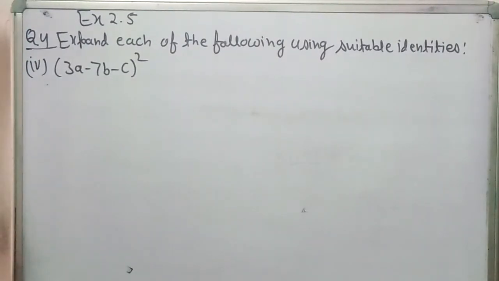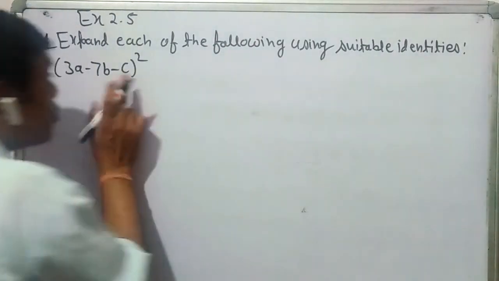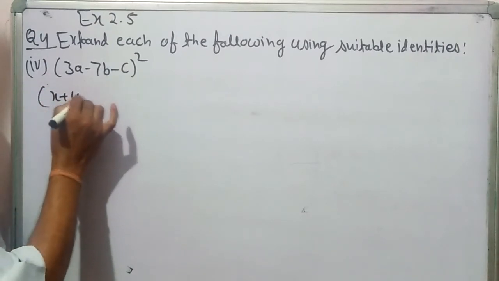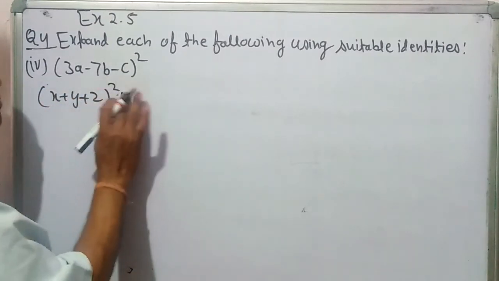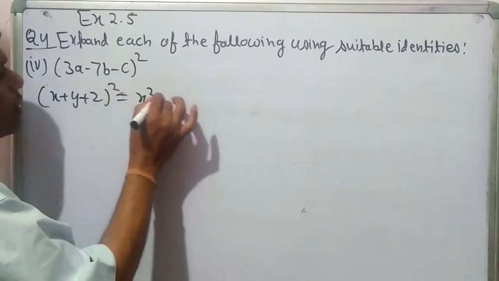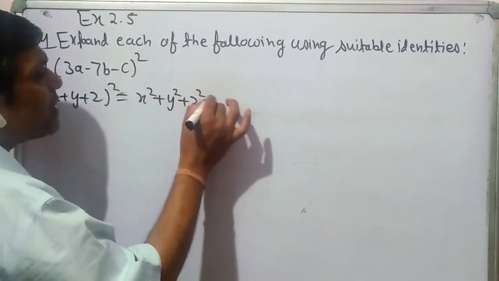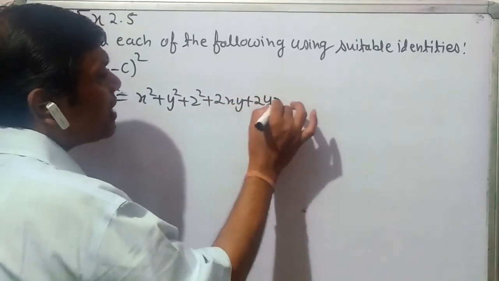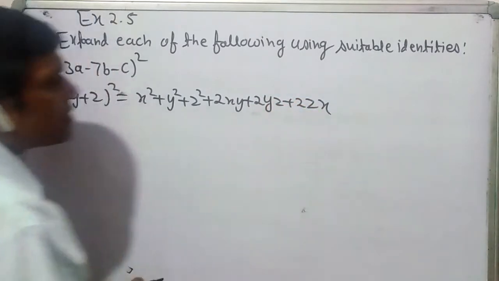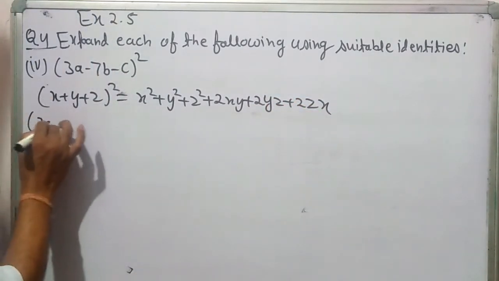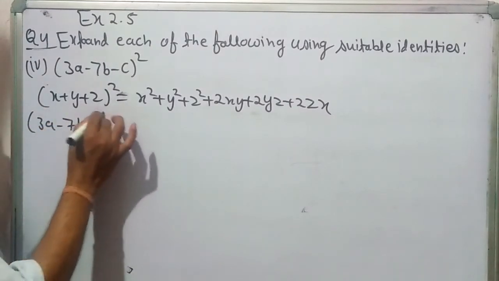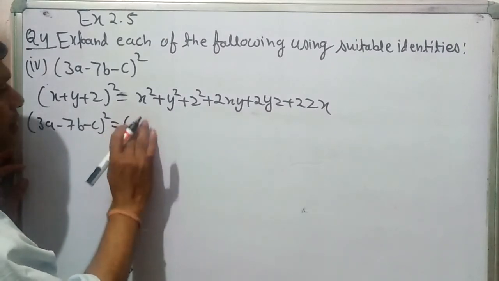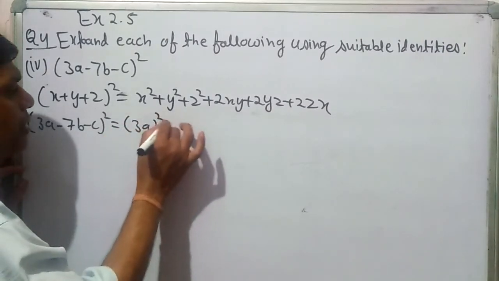The fourth part of this question, dear students, is having two negative terms. We'll take care about both the negative signs. We are going to use the same identity, that is (x + y + z) whole square gives us x square plus y square plus z square plus twice xy plus twice yz plus twice zx. Let us put the values, (3a minus 7b minus c) whole square. We have first square, that is (thrice a) whole square.